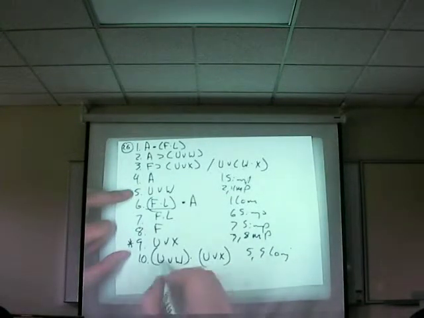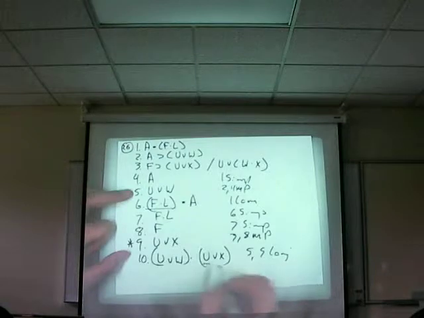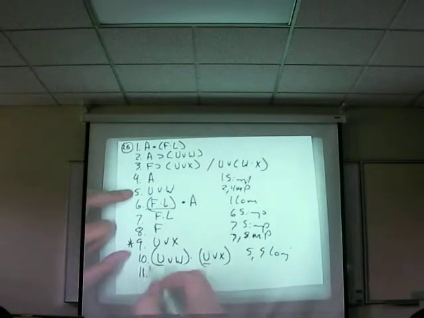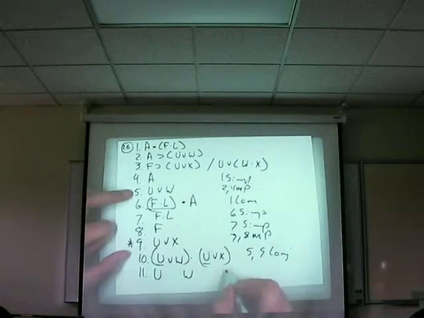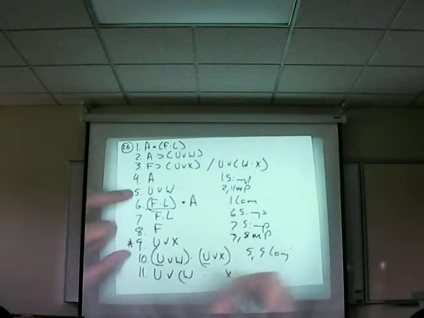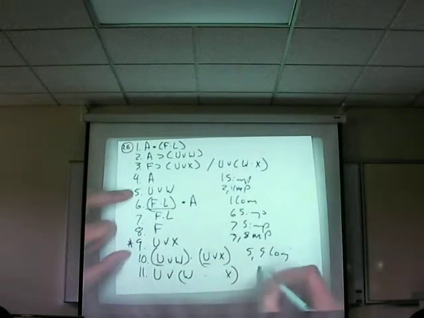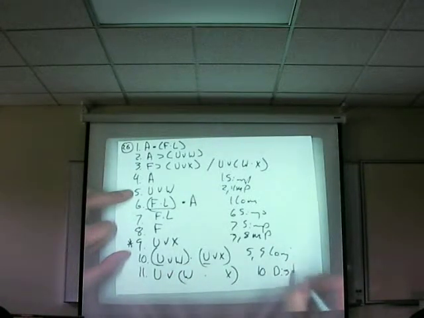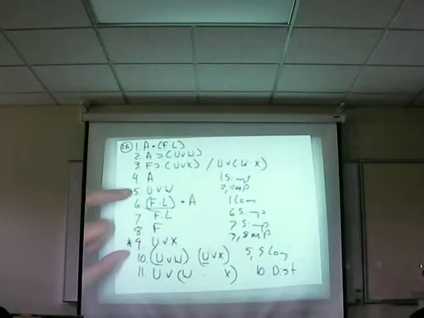Each of the 2 conjuncts has a common variable out front, the U's, so we can suck those out, move it to the outside of the parentheses, leaving behind the W and the X. Main operator starts as a dot, flip that to a wedge, use the dot as a leftover, put it in your groupings, and that's the result of 10 distribution, which now looks exactly like our conclusion.